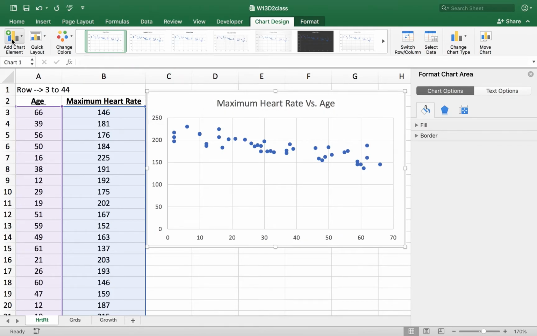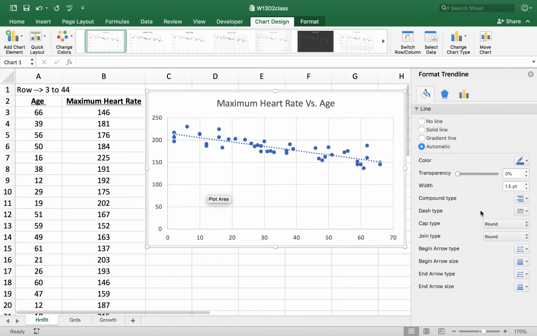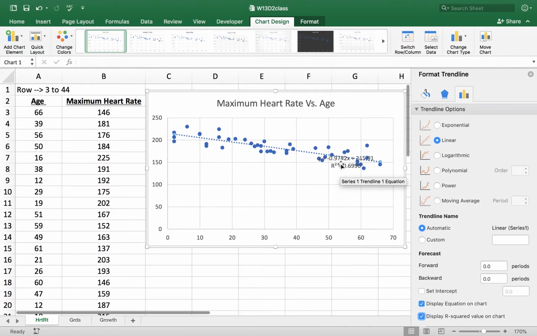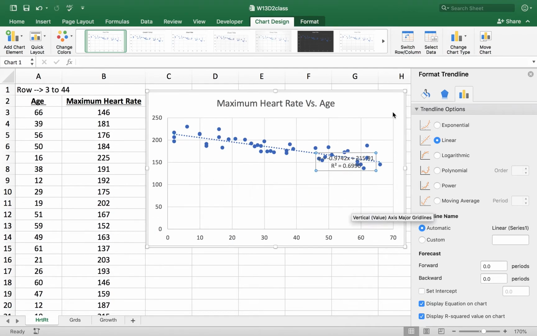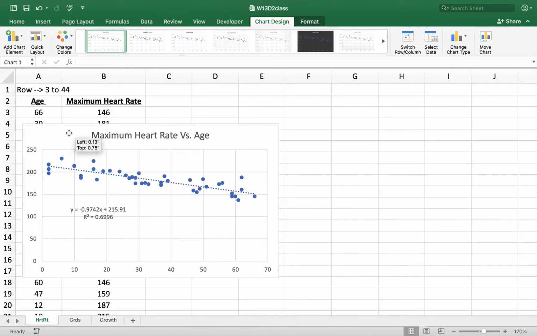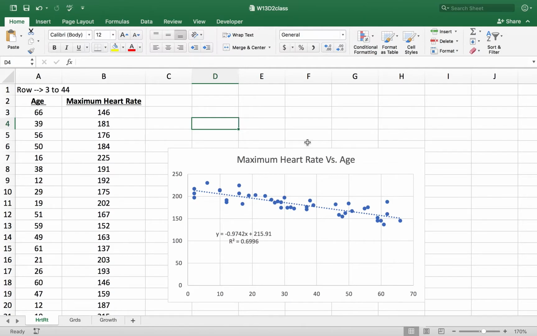And inside of those plots, we can add trend lines. And through the trend line options, we can make sure that the equation and the R-squared value for this linear regression are right on top of that plot. Maybe I'll move this here actually. And we can do other things.